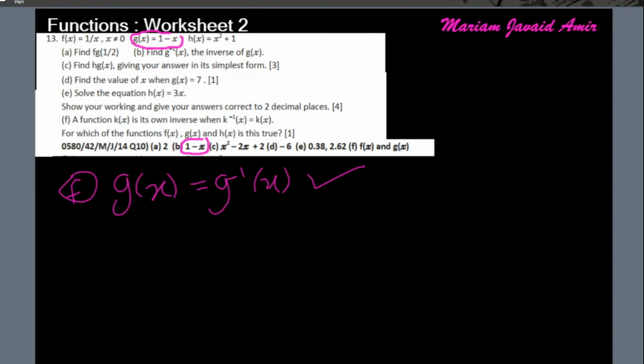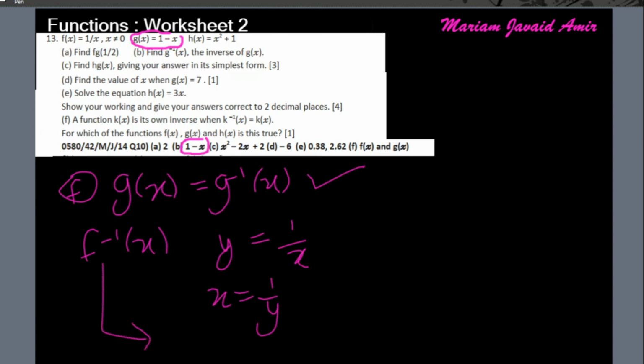Let's check for f(x) now. To find f inverse of x, we'll write y is equals to f(x), then make x the subject, we get 1 over y, and again f inverse of x is 1 over x by replacing this with x. So this is also true for f(x). f(x) equals f inverse of x. Both of them are equals to 1 over x. So now let's try for h(x).